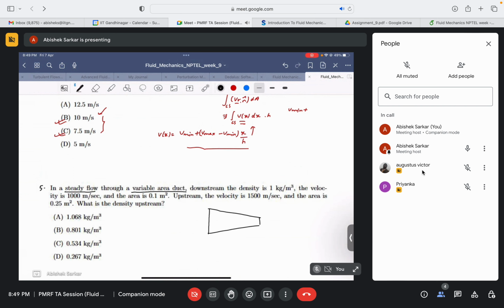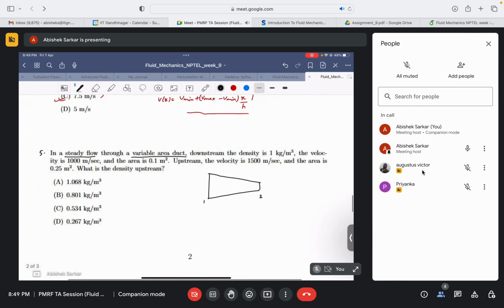Okay. So if I take the inlet or the upstream as 1 and downstream as 2, then they have told that the inlet velocity v1 is 1500 meter per second, A1 is 0.25 meter square, rho 1 is what we have to find out, v2 is 1000 meter per second, A2 is 0.1 meter square, and rho 2 is 1 kg per meter cube.